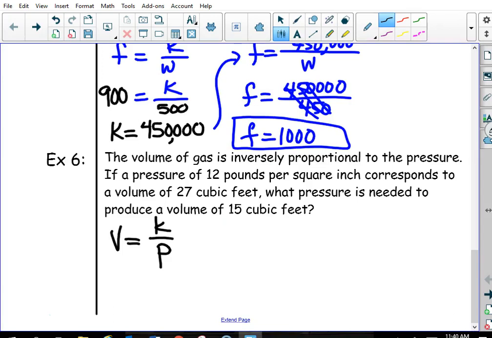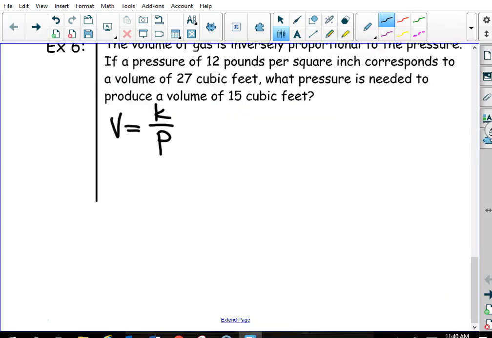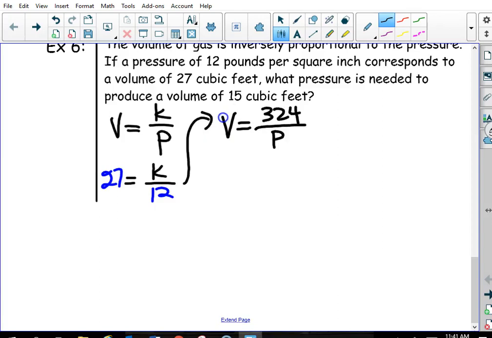If a pressure of 12 pounds per square inch corresponds to a volume of 27, then K is going to be 12 times 27, which is 324. So our equation is V equals 324 over P.